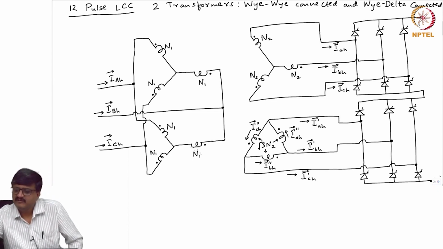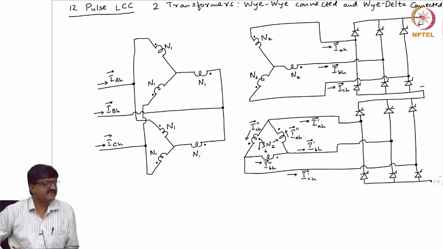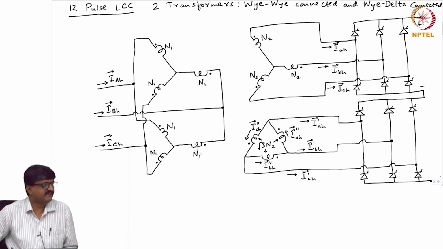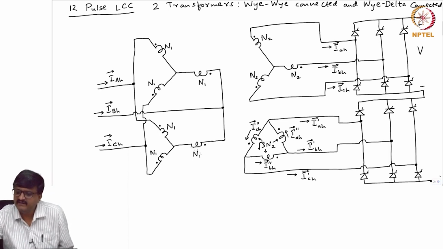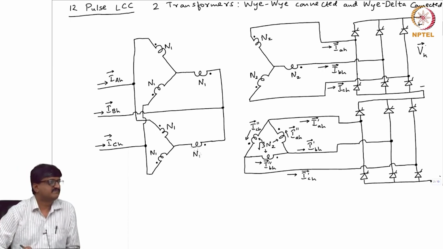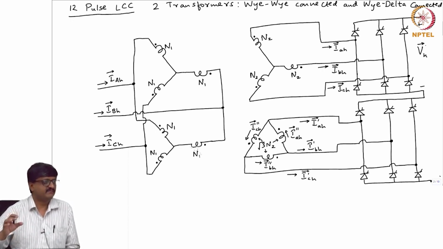Similarly, if I take the voltage on the DC side of this 6 pulse LCC, if I take any harmonic quantity, it is a sinusoidal quantity. So, I can still represent that by a phasor, say VH. Say the average is DC, but the harmonic is AC, the harmonic is sinusoidal.